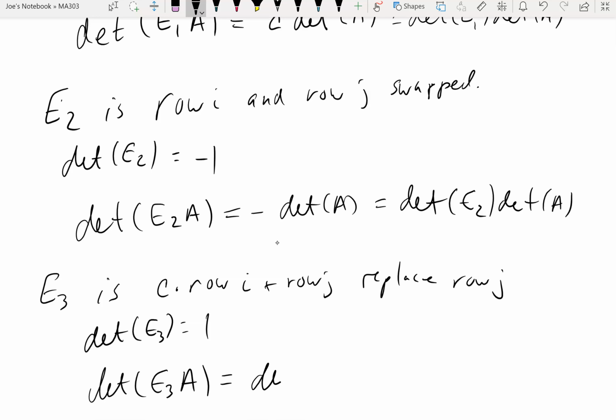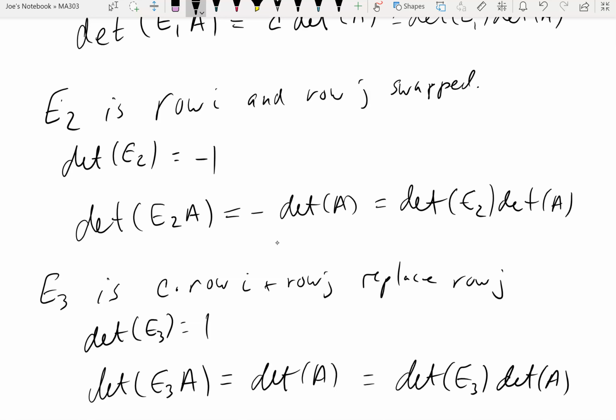No. So that's 1 times the determinant of A, so it would still be determinant of E3 times determinant of A. Okay, so far we've shown that if one of my matrices is an elementary matrix, then the determinant just splits up over that product, right?